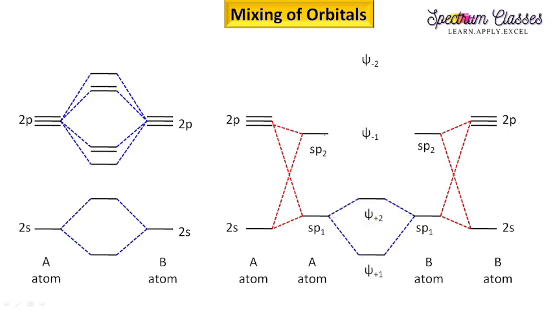If we consider this p orbital, then we have this kind of situation. So by overlapping of sp orbitals, these four are of almost the same energy and of the same symmetry. Therefore, by mixing of four hybridized orbitals, we get the four molecular orbitals.